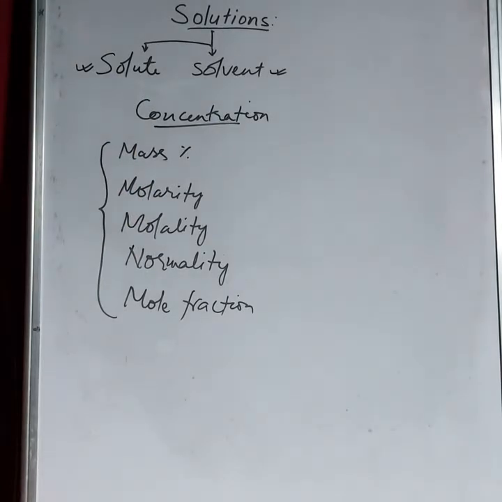We can get an idea by knowing the concentration, and the concentration is determined by these factors. Now when we say mass percentage, or the percentage concentration, there are various ways to calculate it.